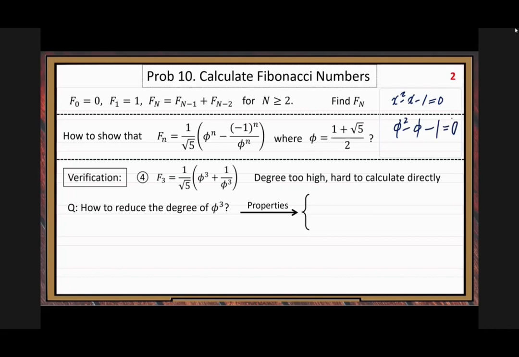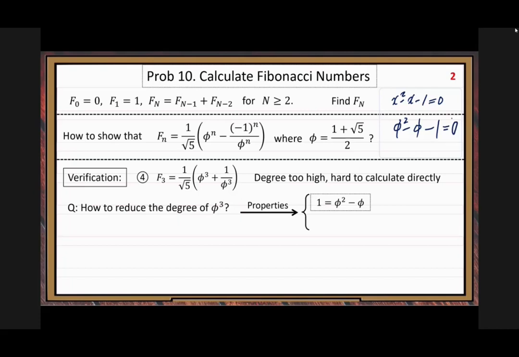From this equality, we can get 1 equals phi squared minus phi. We just move the minus 1 from the left hand side to the right hand side. So 1 equals phi squared minus phi. That's the first property of the golden ratio.